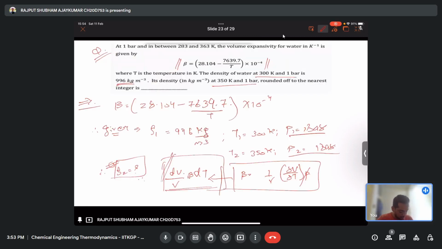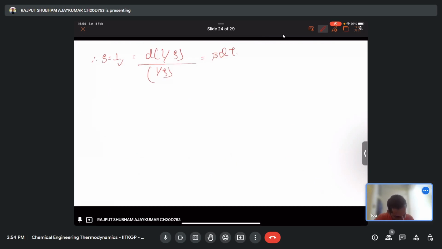So I am simplifying the equation, and this turns out to be d rho by rho.